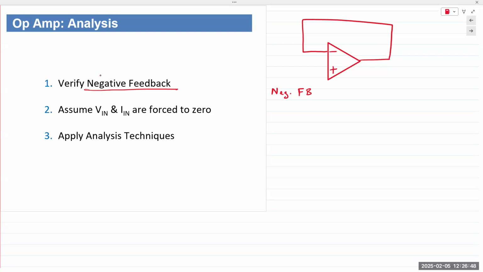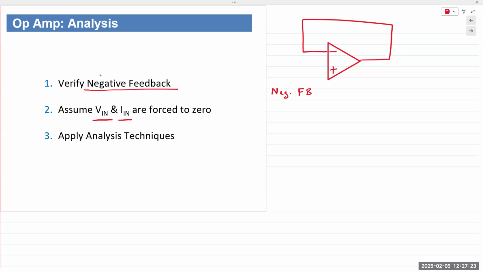So if the output is fed back to the input, we are forcing Vin to go to 0. In real life, it's as close to 0 as possible. So the assumption for our analysis would be that Vin goes to 0. And because Vin into the op-amp is going to 0, IN is also forced to 0. And again, remember the concept of the op-amp where the input current going into the op-amp is 0.